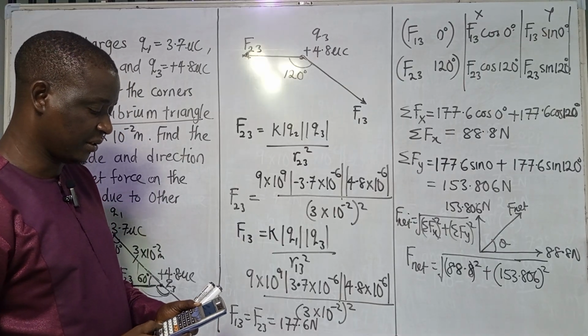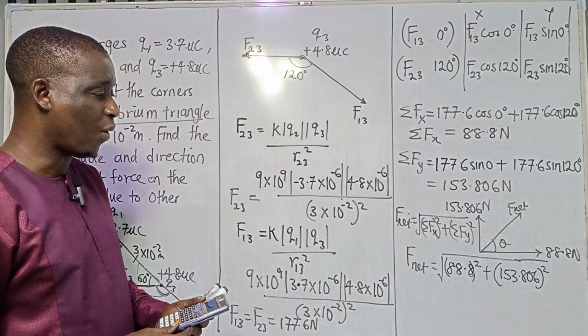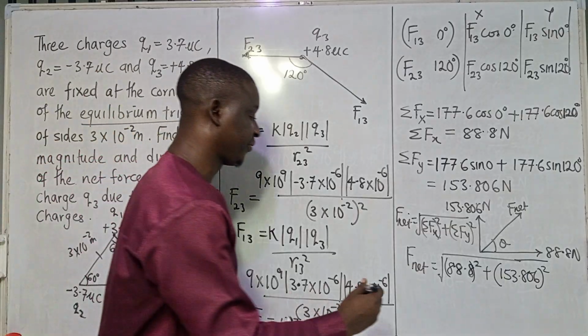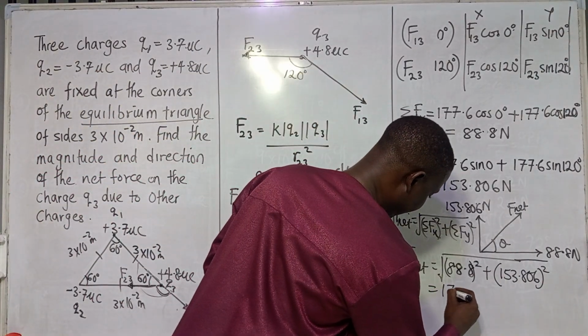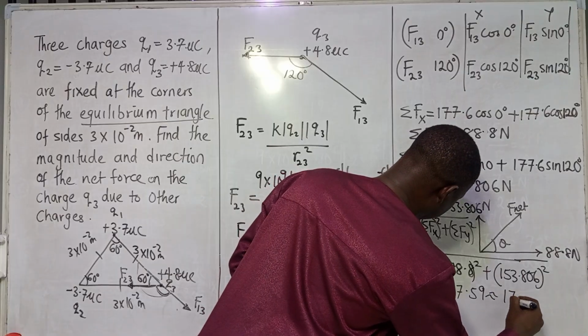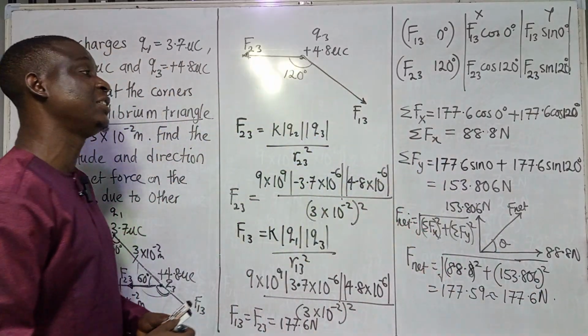So the square root of everything will give us 177.59, which is approximately 177.6 Newton. That is our magnitude.